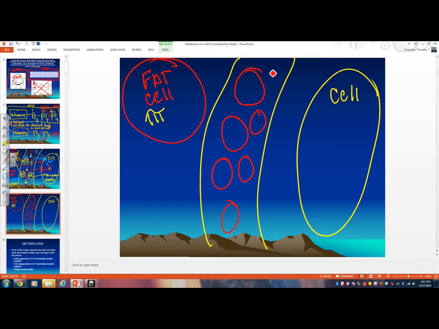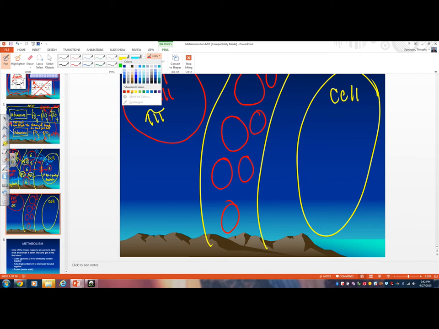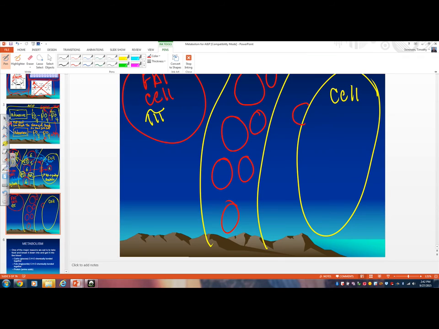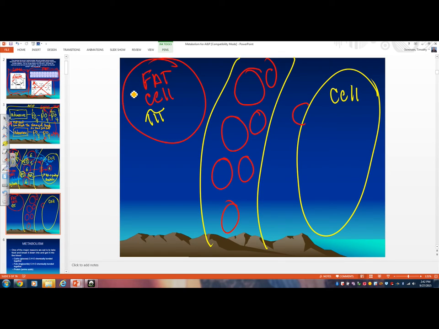And because you don't have insulin released by the pancreas, then insulin can't bind to the receptor and open up the gate. So what that does is that makes glucose impermeable. It cannot go from the blood into the cell. You need insulin to unlock that gate.